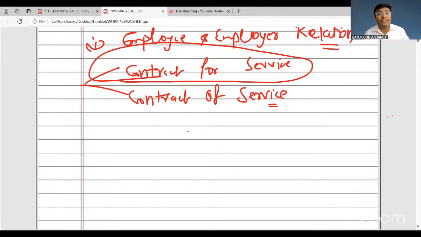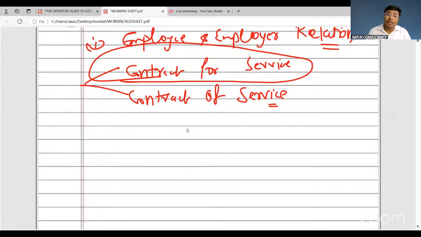While drafting the contract, if we have used certain specific language that reflects a contract of service or contract for service, it is completely dependent on the drafting. So we need to be very careful from that perspective as well.